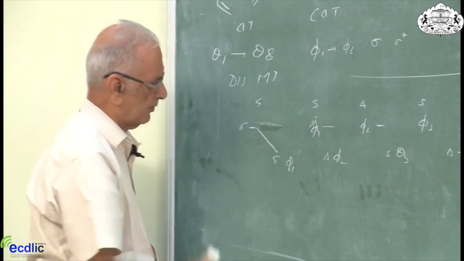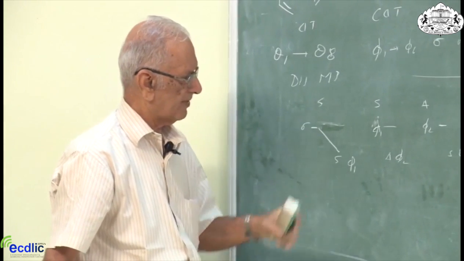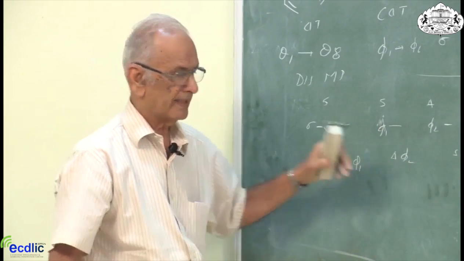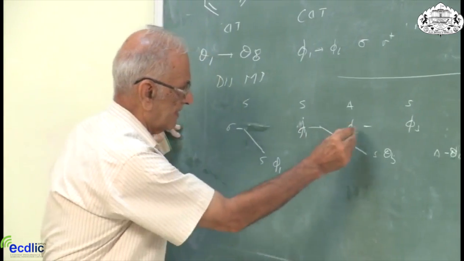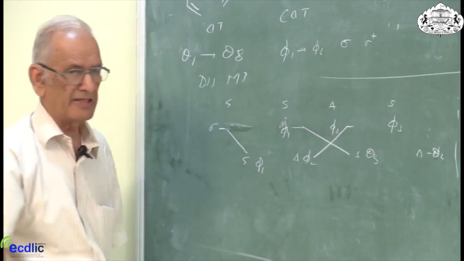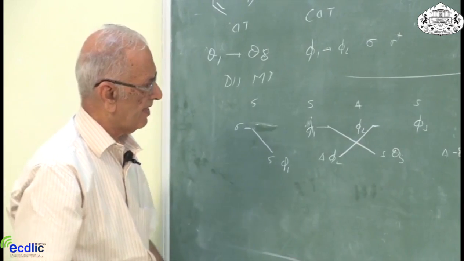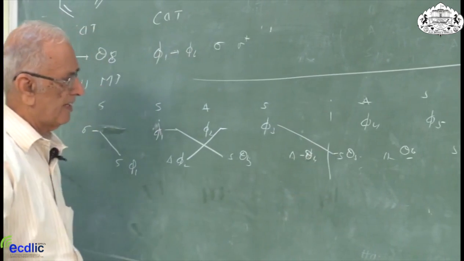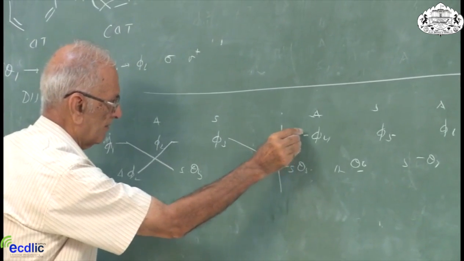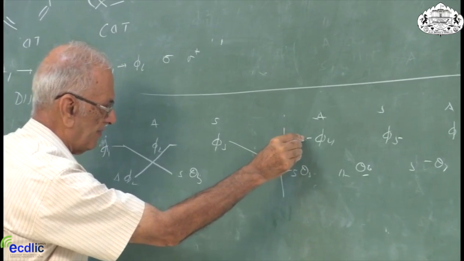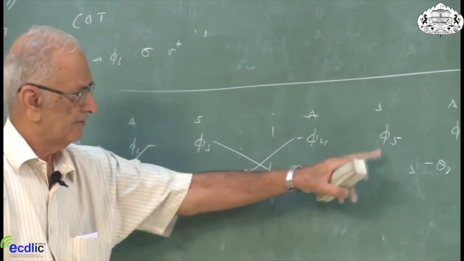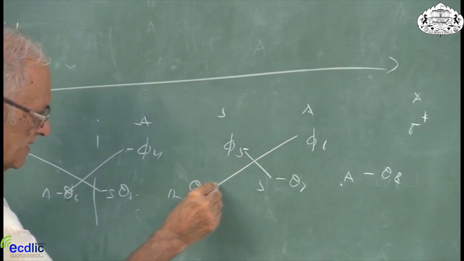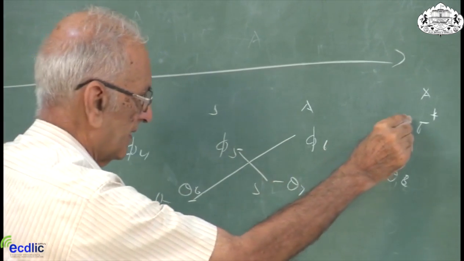This is symmetric, therefore it will join to symmetric. This is anti-symmetric, so it will join here. Theta 3 is symmetric, therefore it will join to symmetric. Phi 4 is anti-symmetric, so it will join here. Phi 5 is symmetric, so it will join here. Phi 6 is anti-symmetric, so it will join here.